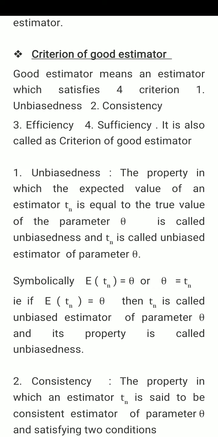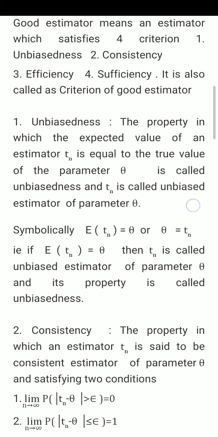Number one, unbiasedness. Unbiasedness is the property where the expected value of an estimator Tn is equal to the true value of the parameter. That is, expectation of Tn is equal to theta.